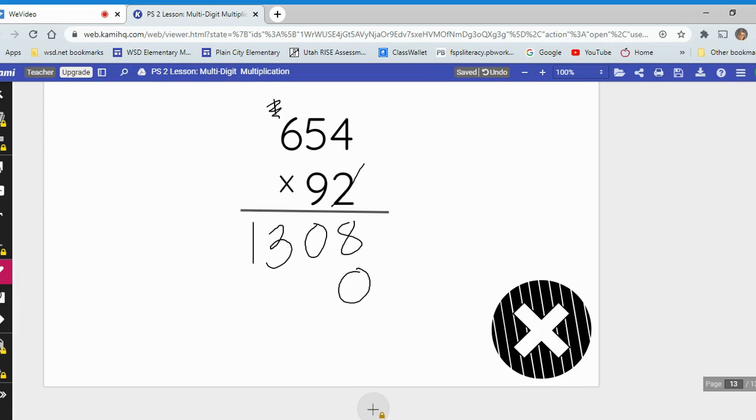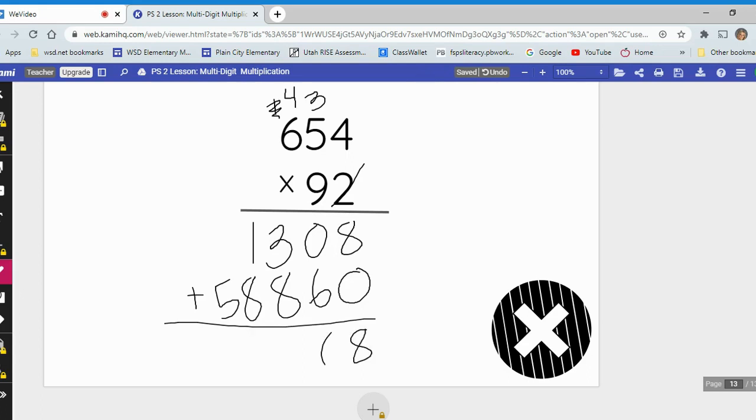9 times 4 is 36. Carry that 3. 9 times 5 is 45, plus 3 is 48. Carry a 4. 9 times 6 is 54, plus 4 is 58. Let's add it up. We get 8. 6, 8 and 3 is 11.